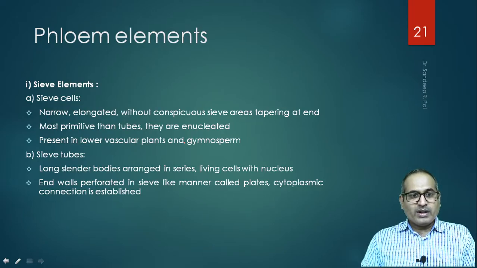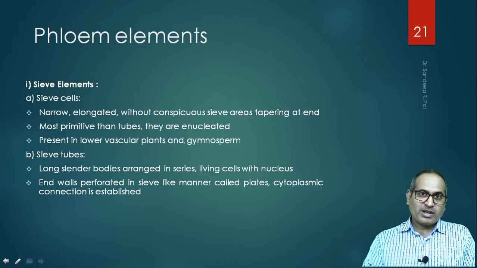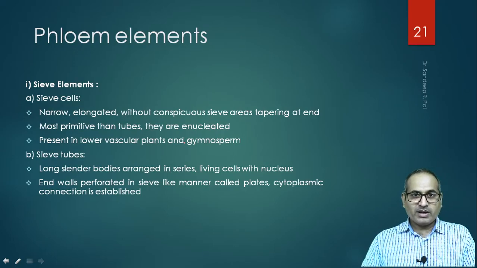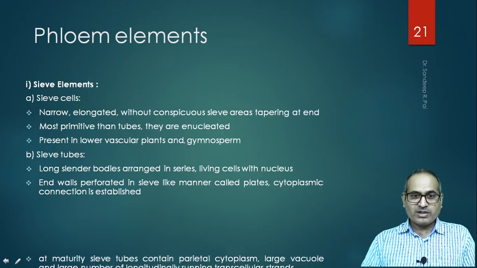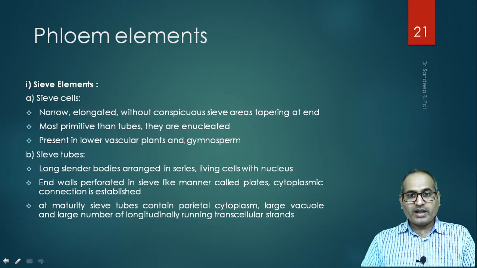Sieve tubes have end walls perforated in a sieve-like manner, called plates. Cytoplasmic connection is established through this. So one cell communicates with another cell through the perforated plates or the end walls. At maturity, sieve tubes contain partial cytoplasm, a large vacuole and a large number of longitudinally running transcellular strands.